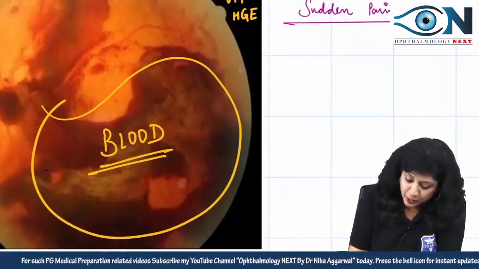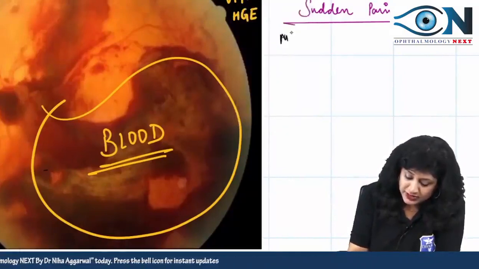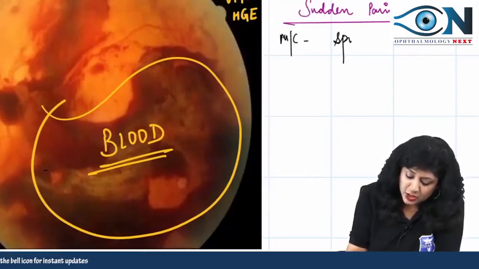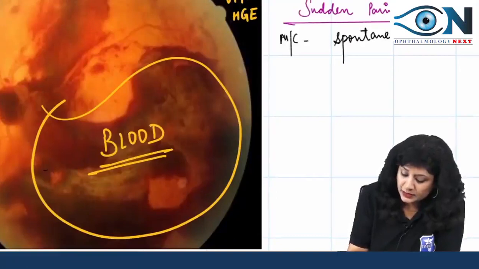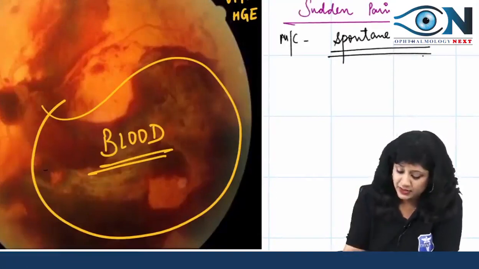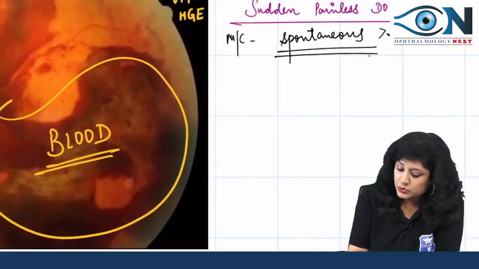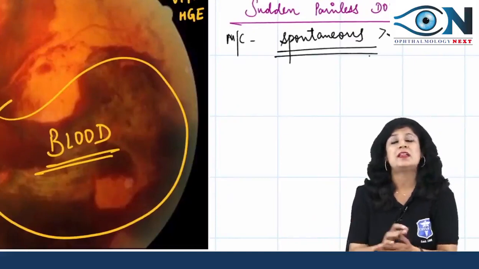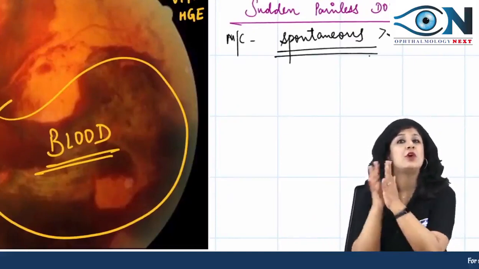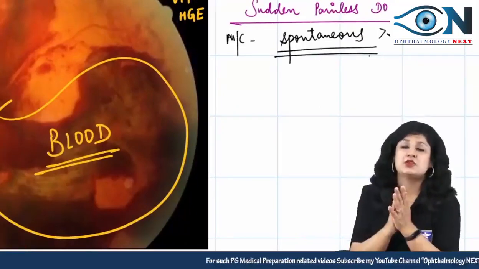The most common etiology is actually spontaneous. If you are not getting any etiology in the question, don't worry, it could be a spontaneous vitreous hemorrhage, and this is followed by trauma. You can have a history of trauma, or you may not.